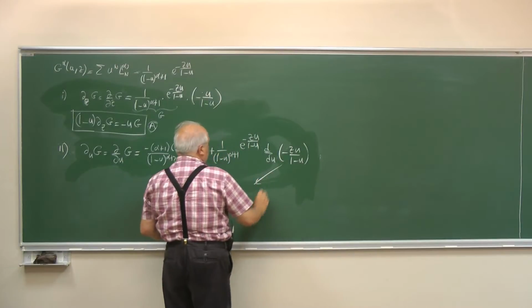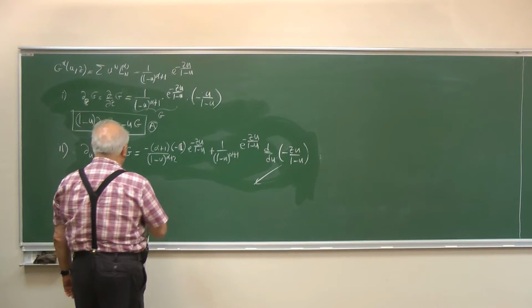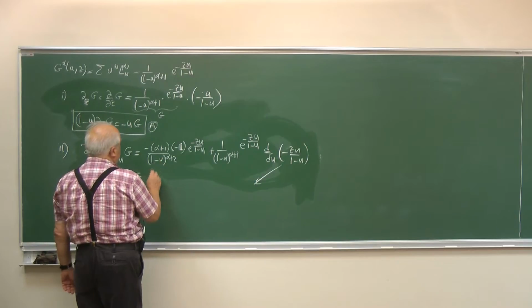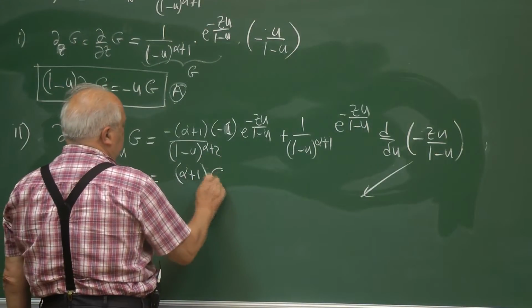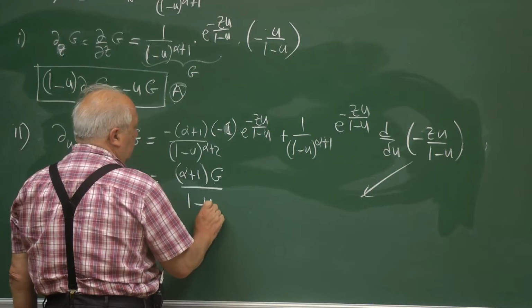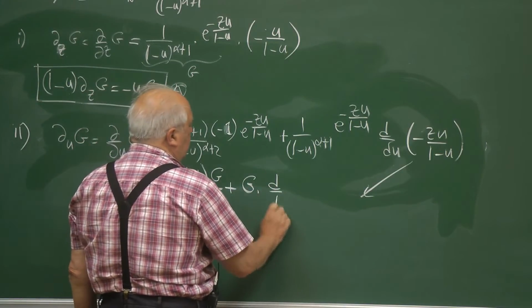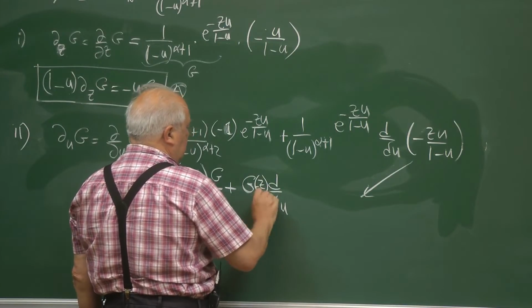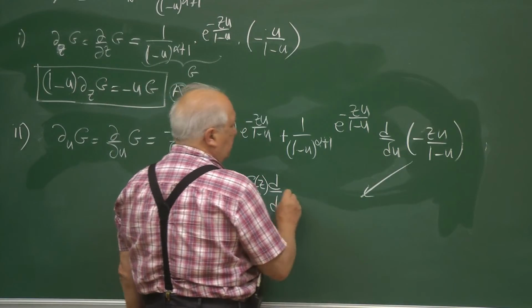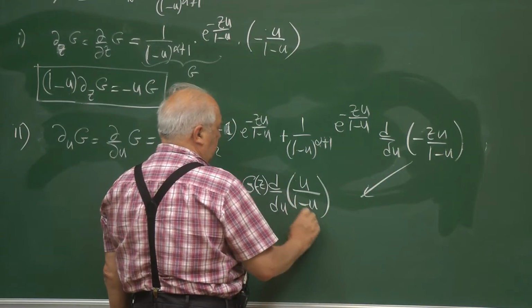So we have to take the derivative here. By the way, let's do this part. This is minus minus plus, alpha plus 1 times G over 1 minus u, plus this is G times minus z here, d by du of u over 1 minus u.